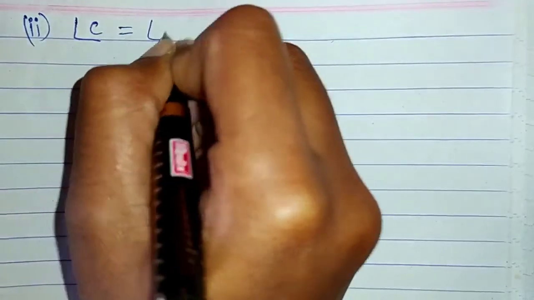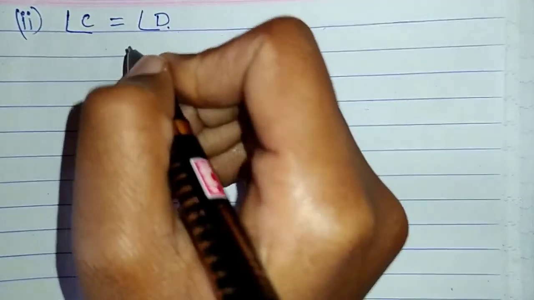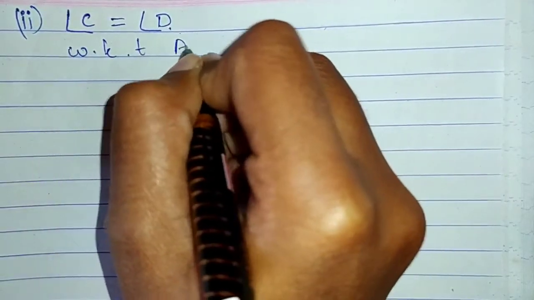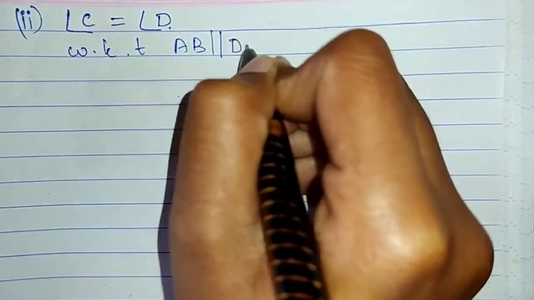Second sub question, we need to prove that angle C is equal to angle D. We know that AB is parallel to DC.